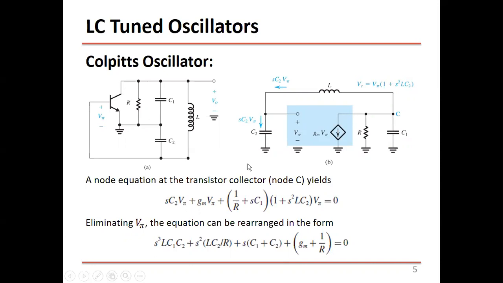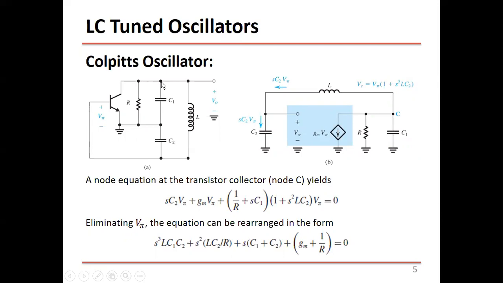If you consider this Colpitts oscillator, you have a bipolar junction transistor in the AC equivalent circuit. There are some resistors here, but they are not shown in this circuit. The collector is connected to a load R, a certain resistance R. This could also be the output resistance of the transistor in parallel with the load and any other resistances seen from this side.